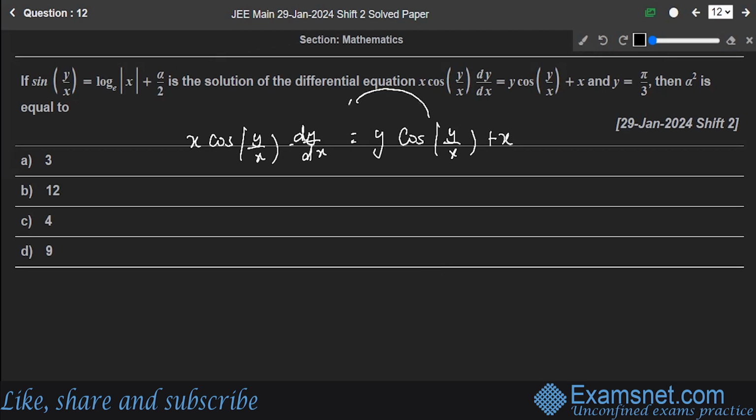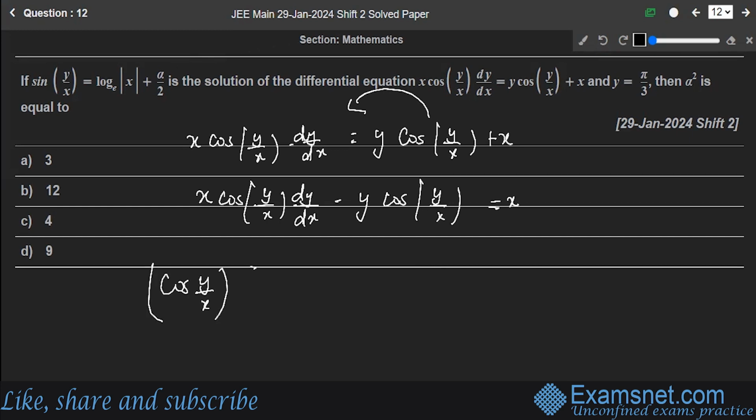I'll take this over here. So you will have x into cos(y by x) multiplied by dy by dx minus y cos(y by x) is equal to x. I will take cos(y by x) common. This will be x into dy by dx minus y is equal to x.